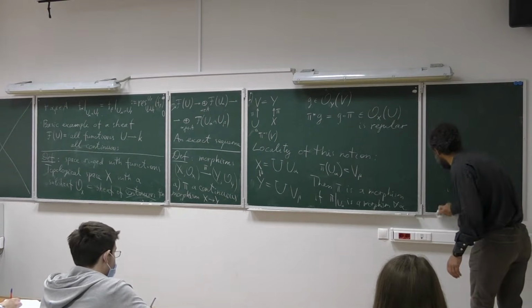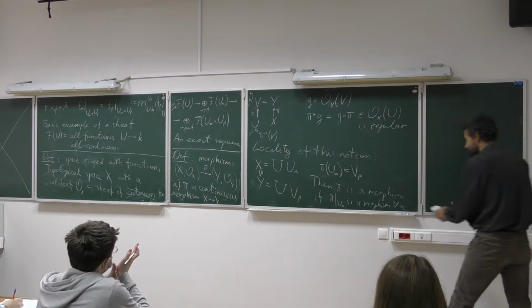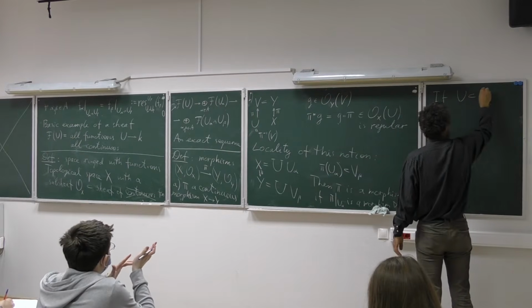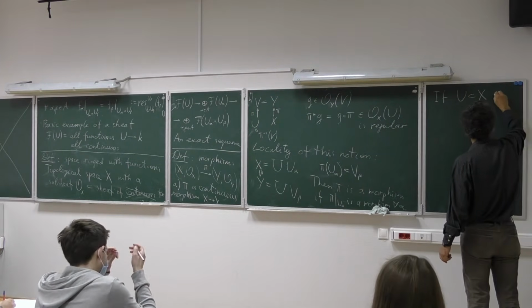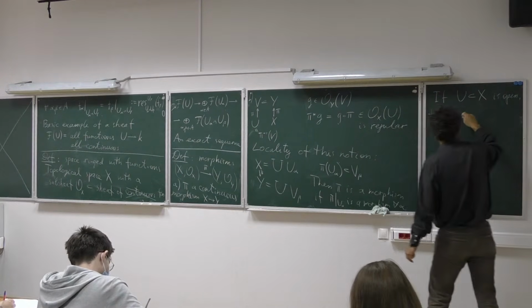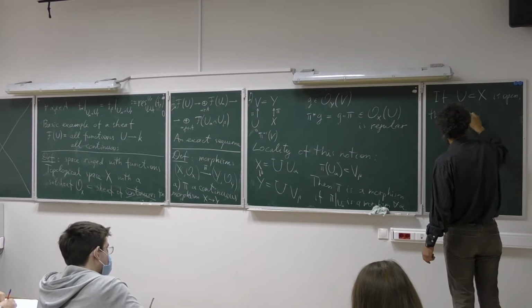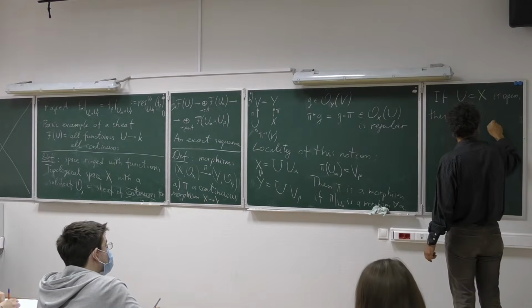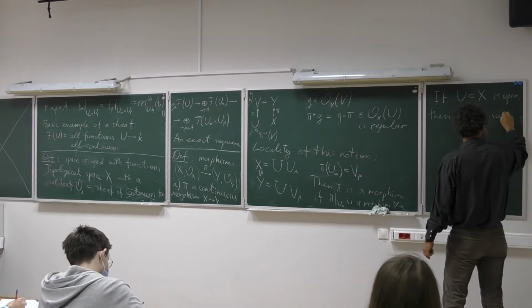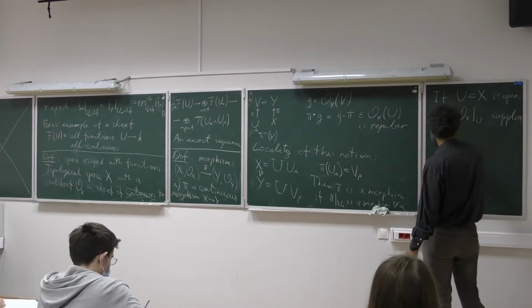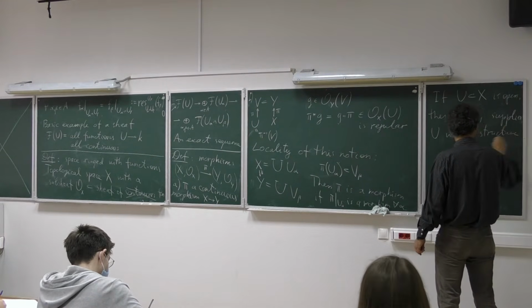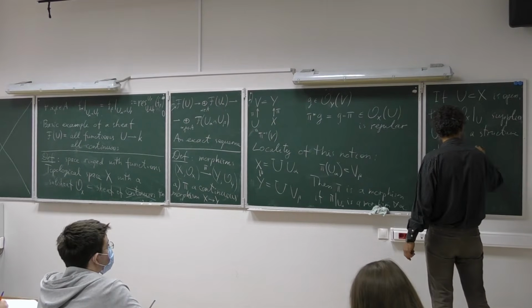Maybe I should say it explicitly: if U in X is open, then O_X restricted to U supplies U with the structure of a ringed space.